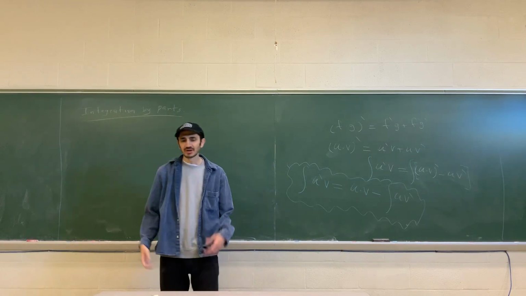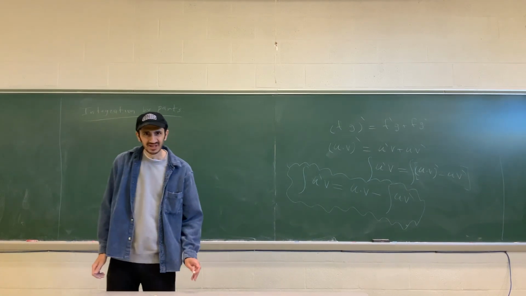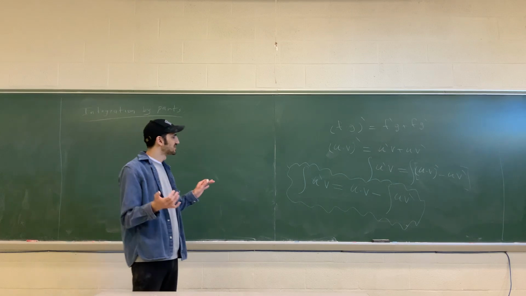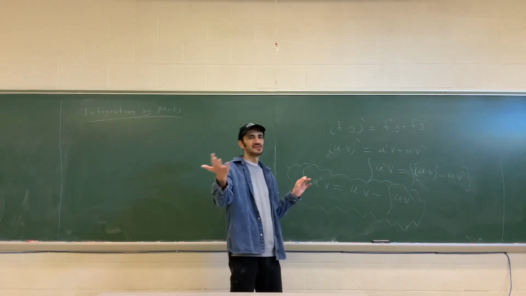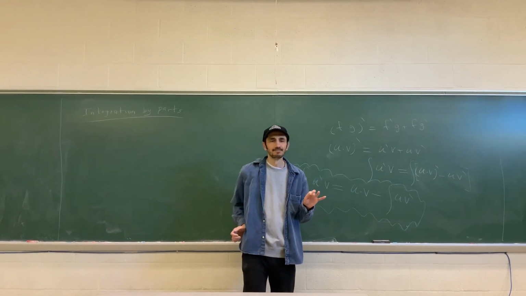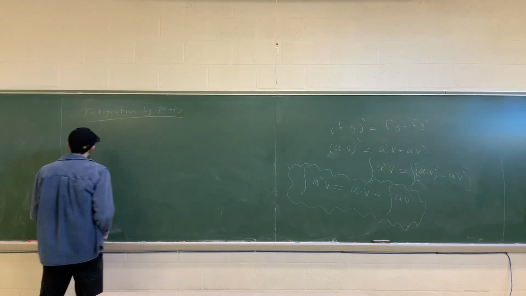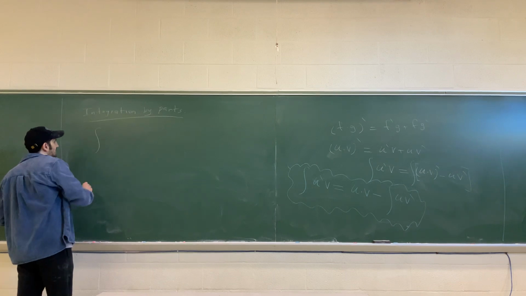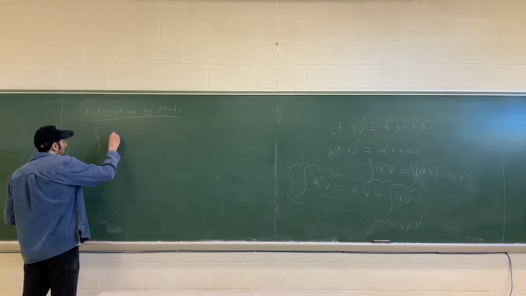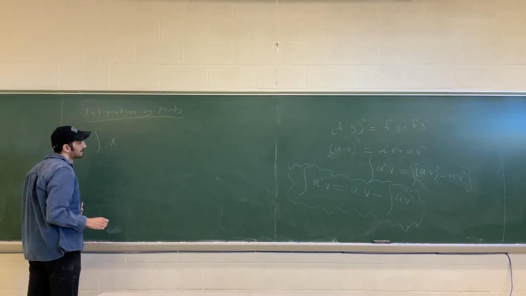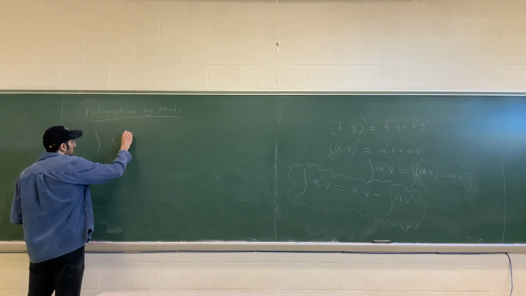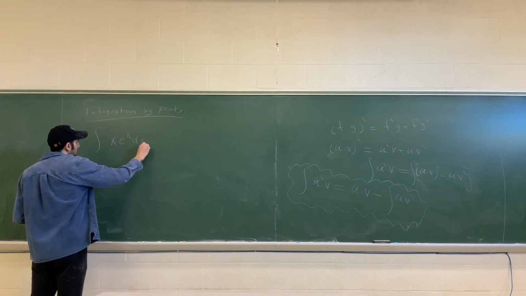Now the question is, how can I apply this formula when I have some difficult integration which I cannot solve using u substitution? Maybe it's better to give you an example so you understand what I mean. For example, I have the following integral of x times e to the power of x, and don't forget dx here.